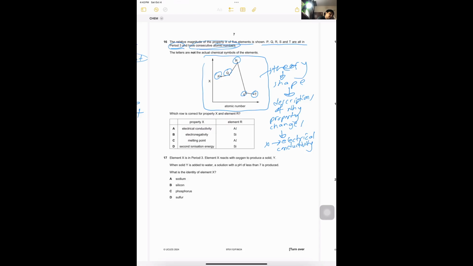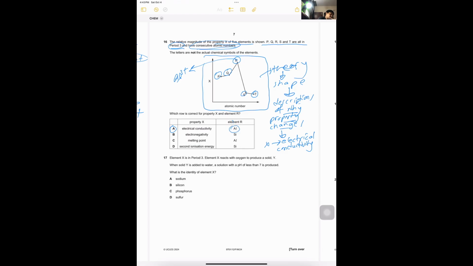Descriptions of why property changes, and here it is electrical conductivity. So this is just from the theoretical knowledge, so it should be already A. And also you can see that this is Al3+, so it's aluminium.